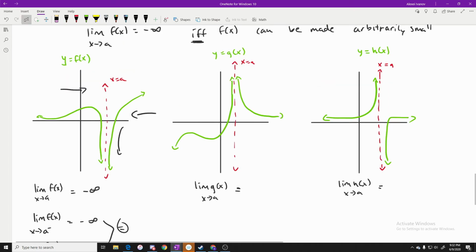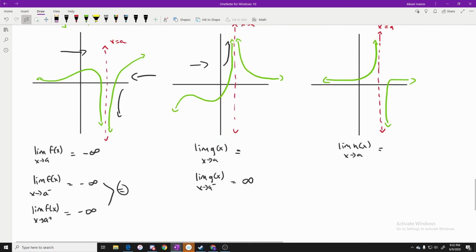Now looking at this example where y is equal to g of x, let's follow the same protocol to figure out the limit of g of x as x approaches a. So approaching x equals a from the left side, we can see that the graph goes upward and approaches positive infinity. So we can write that the limit of g of x as x approaches a from the left is equal to positive infinity.